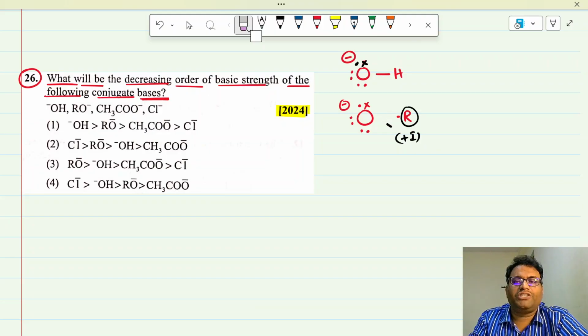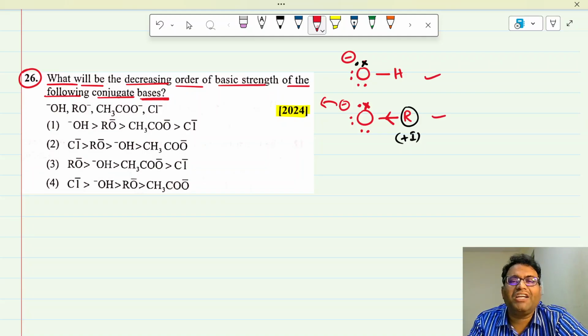When it pushes the electron density, the lone pair electron density on oxygen increases. If it is increasing, it will donate easily. That means OR minus is more basic than OH minus.